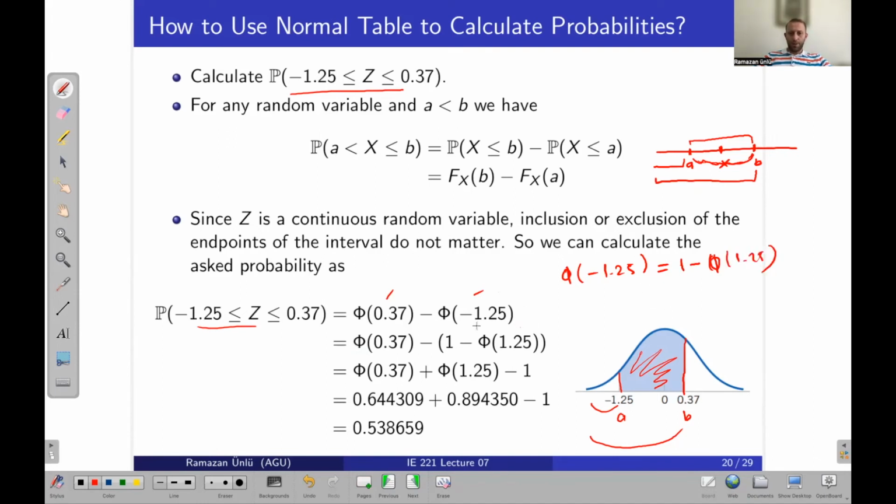So let's rewrite this as phi of 0.37 plus phi of 1.25 minus 1. We just expand this multiplication.